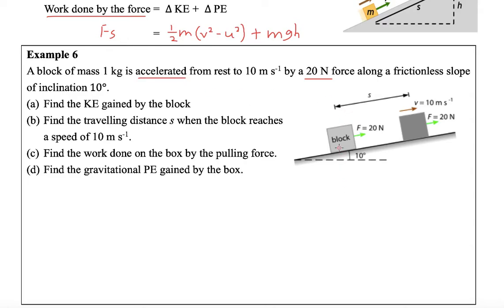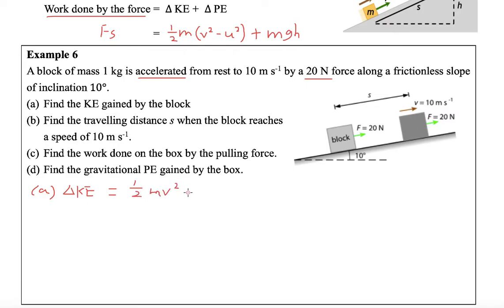And it also moves with a vertical displacement so that it also gains gravitational PE. And finding this KE gain is easy. The KE gain here, this delta is the change, right?